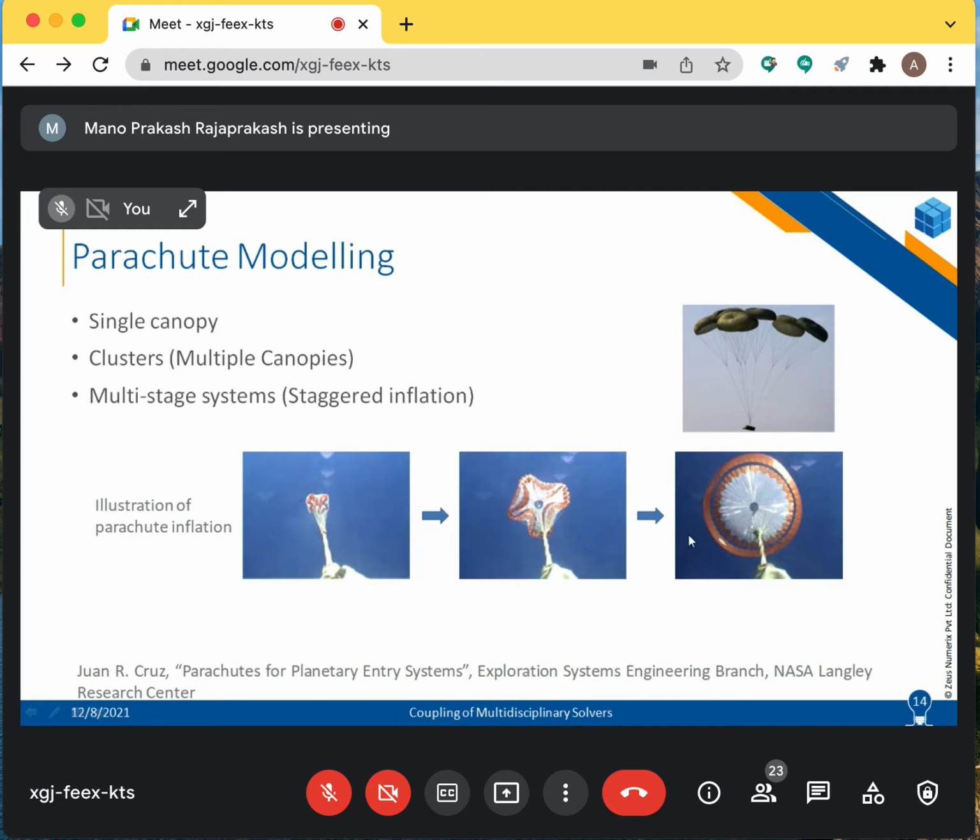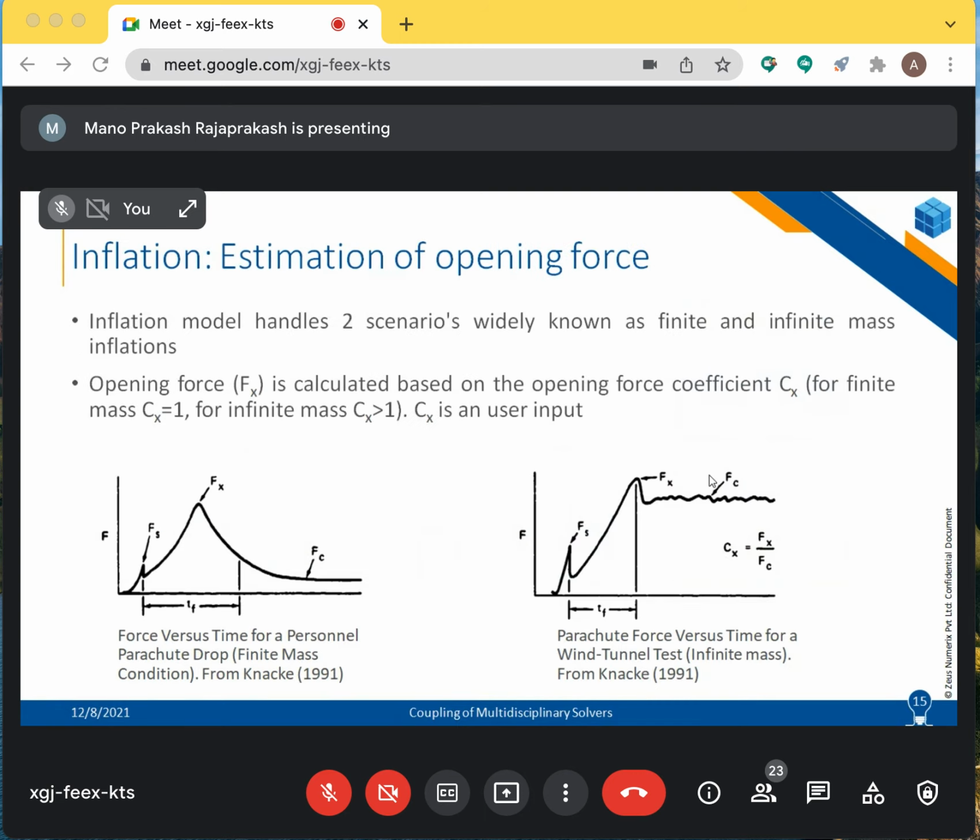It is for that reason that the drag coefficient of the parachute and its instantaneous area are linked together, and it is called the drag area, which is CD times S. This drag area is very important in modeling this force profile that you see. So basically, inflation of a parachute. I'll talk about the drag area in the next slide.